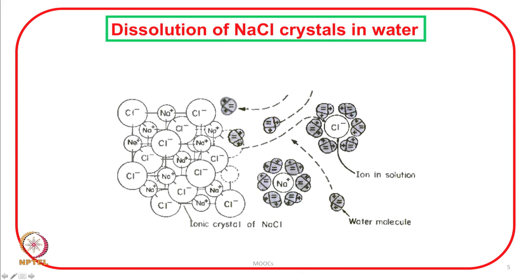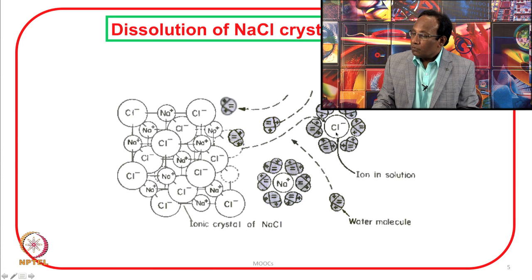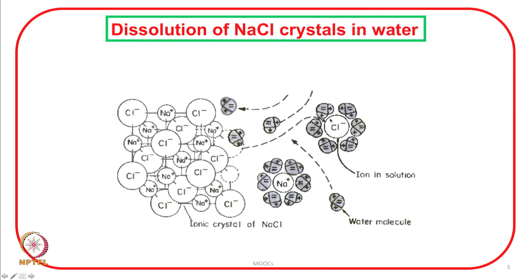Sodium chloride from the crystal is ionized, and you see the sodium ion is surrounded by water molecules, where the positive charge interacts with the negative end of water. Similarly, the chloride ion is surrounded by water molecules, where this anion is interacting with the positive ends of the water molecule. So, this is the scenario of the solvent structure around the central ion.